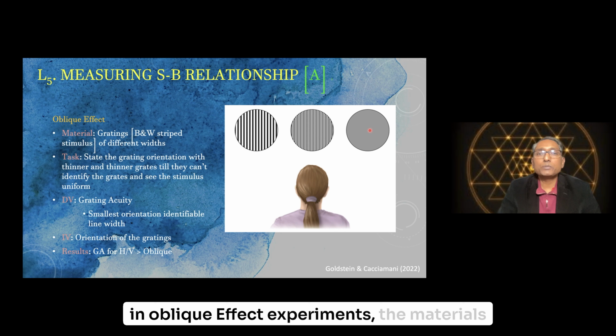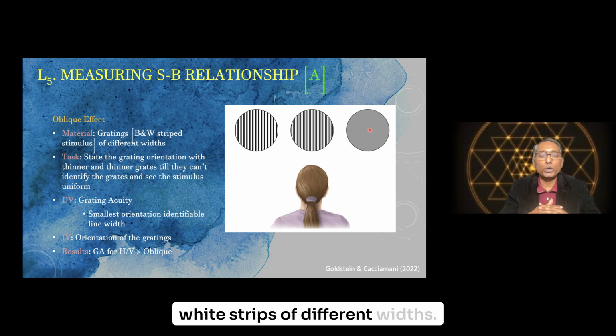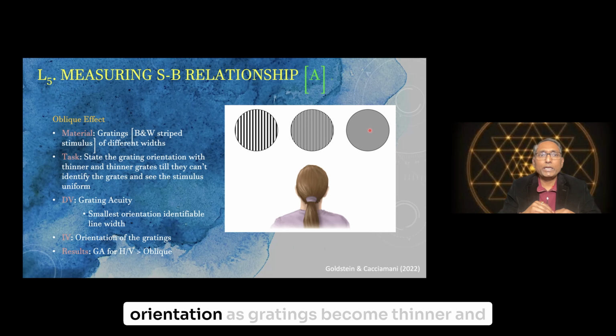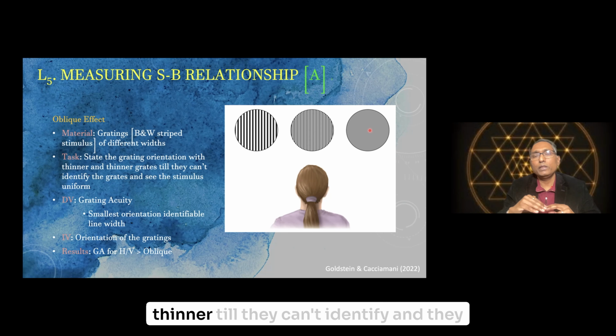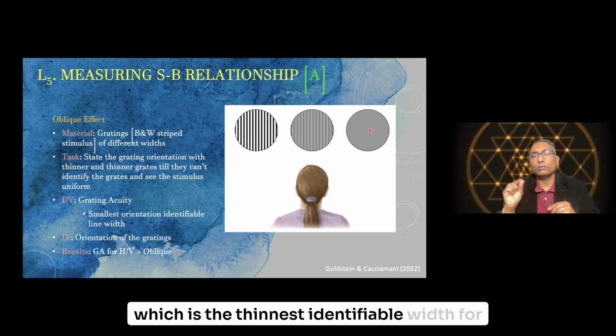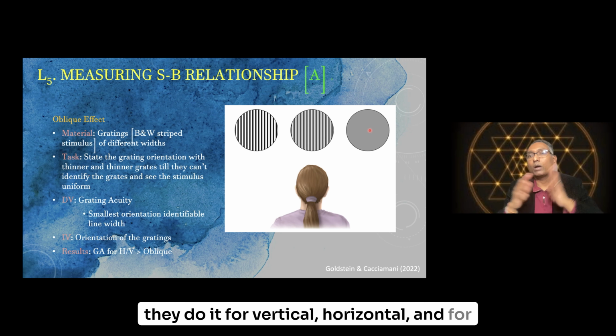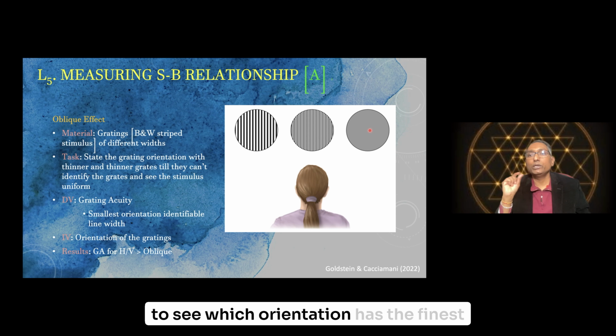In oblique effect experiments, the materials used are called gratings. These are black and white stripes of different widths. Participants would state the grating's orientation as gratings become thinner and thinner till they can't identify it, and they measure the grating acuity, which is the thinnest identifiable width for a given orientation. They do it for vertical, horizontal, and oblique to see which orientation has the finest grating acuity.